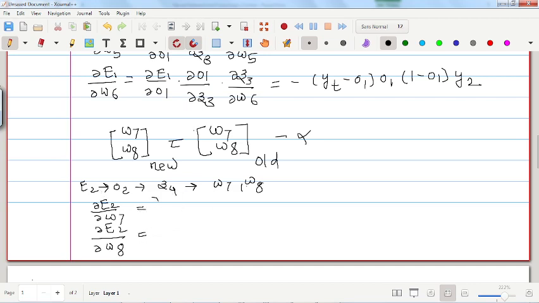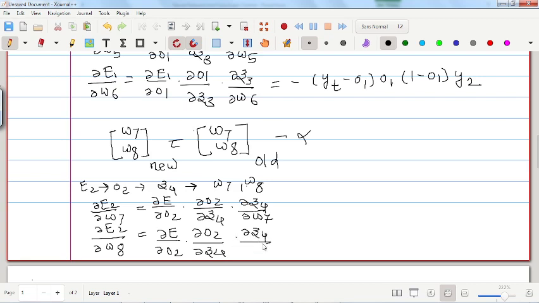So this will be del E by del O2 with respect to del Z4 and del Z4 with respect to del W7. Similarly del E by del O2 into del O2 with respect to del Z4 and del Z4 with respect to del W8.